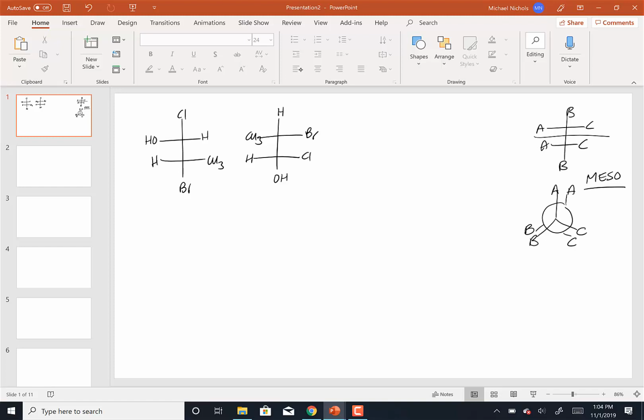Then the third thing I want to look at is that the carbons are lined up so that I'm going to compare top to top and bottom to bottom, and I'm looking at the same carbon. And in this case, the chlorine is attached to the top carbon on the left, but the chlorine's attached to the bottom carbon on the right.